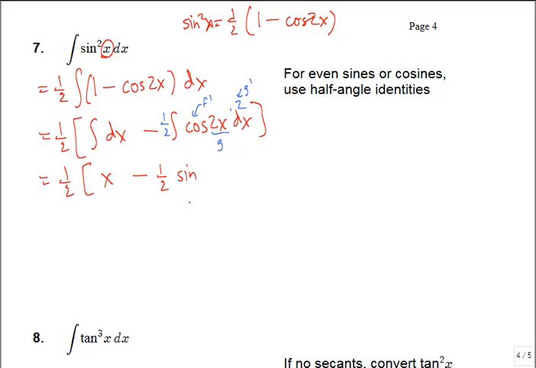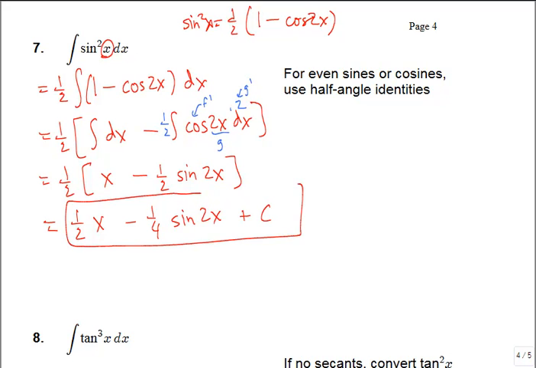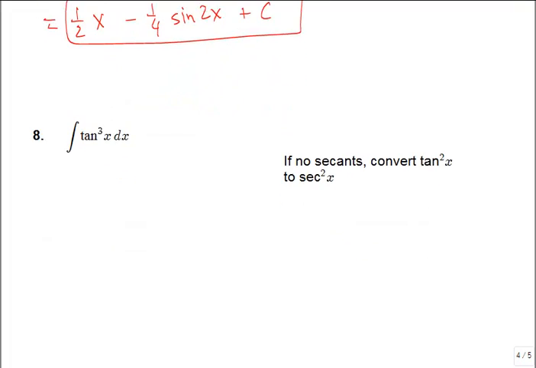You don't need to change the positive or the negative out front. It's going to just stay sine of that same 2x that you started with. If I distribute my 1/2 across, I get 1/2 x minus 1/4 sine of 2x, and then a plus c. So even powers of sines or cosines use that half angle identity.